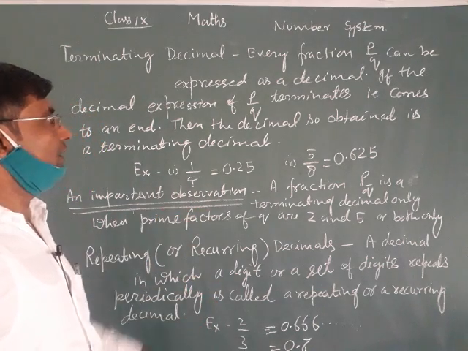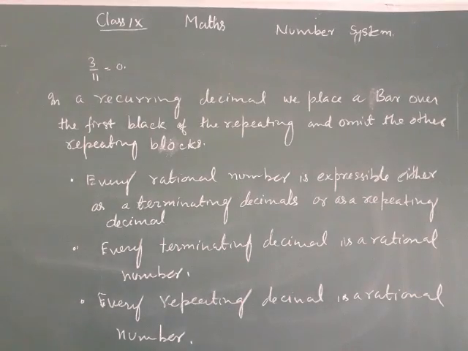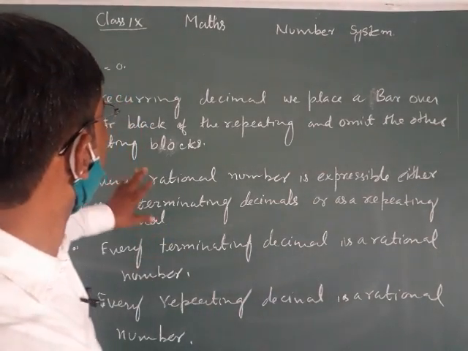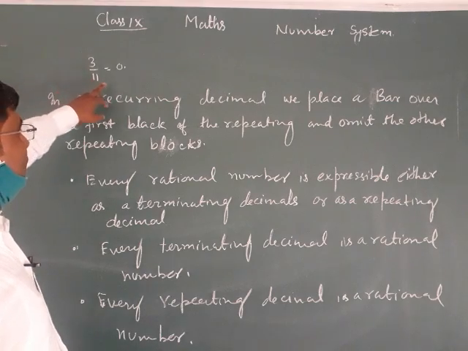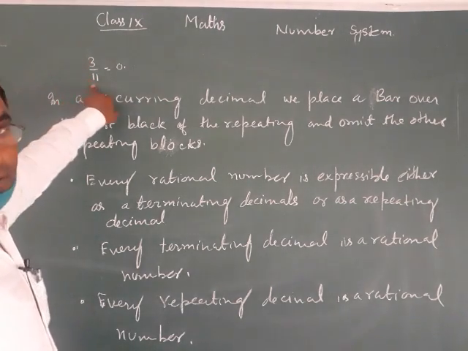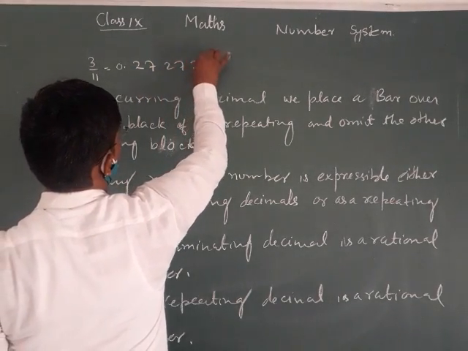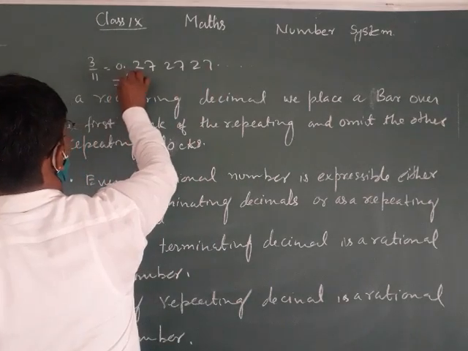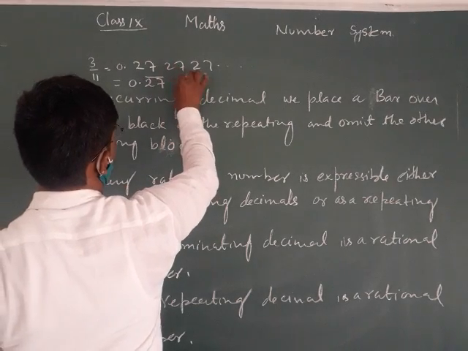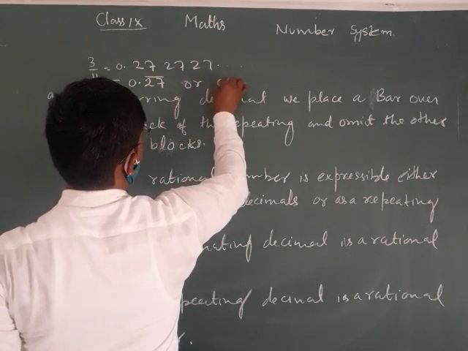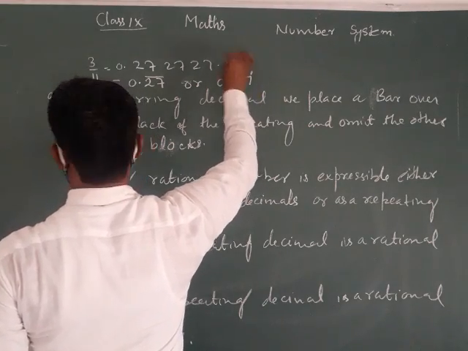And another example of a recurring or repeating decimal expansion: 3 by 11 gives repeating 27 in the quotient, 2727 and so on, written as 0.27 bar, or in another form with dots over the 2 and 7.